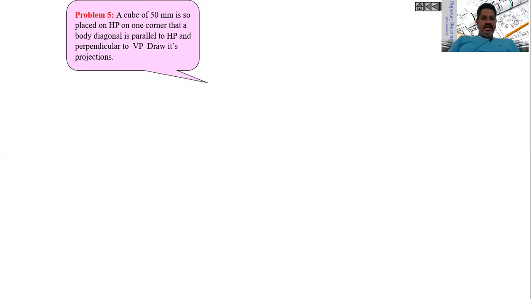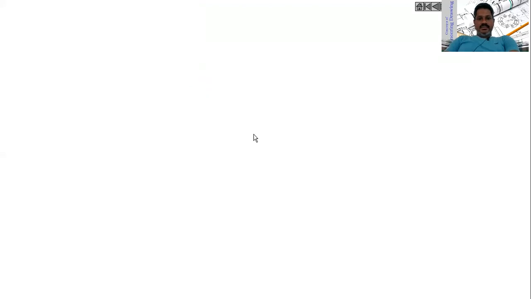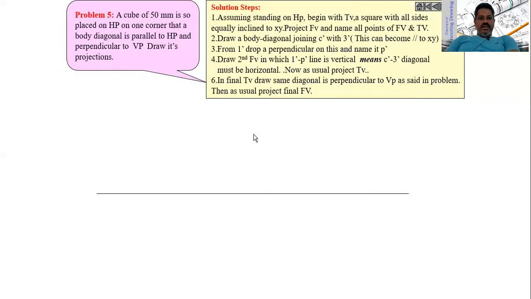First draw the XY line like this, then draw the top view first, because the cube is placed on HP, so the top view will be the true shape. Draw the top view in such a way that all the sides are making equal angles with HP like this.